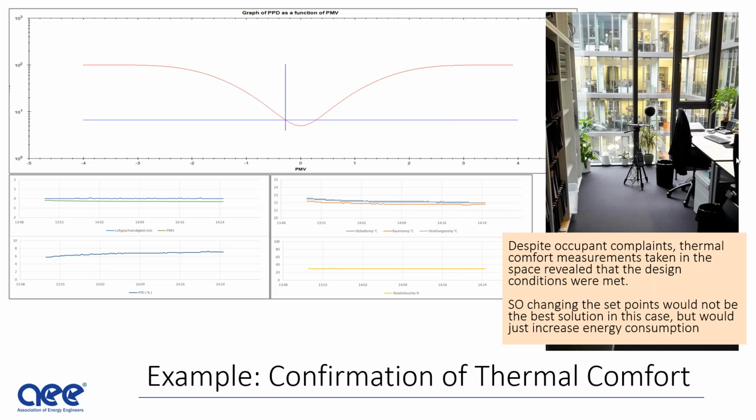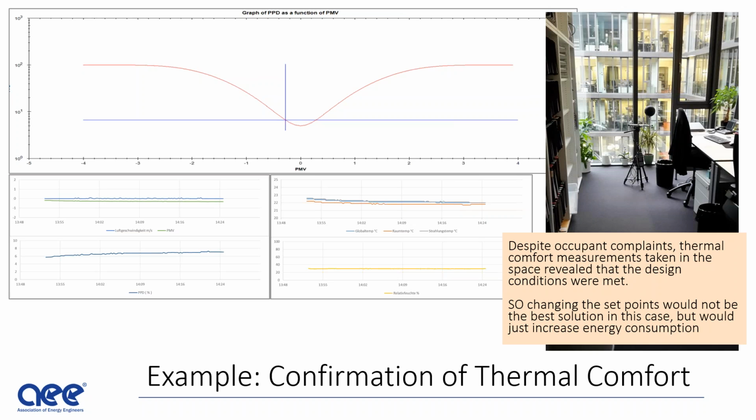It's a little hard to see in this picture, but there's a little tripod with several sensors attached. It takes in the room temperature, the radiant temperature, the air speed in the space, and the humidity, some of the big ones, and uses those inputs to calculate the PMV and the PPD of the space.